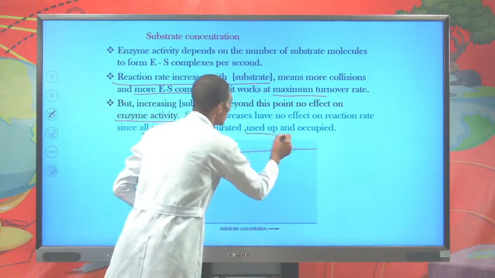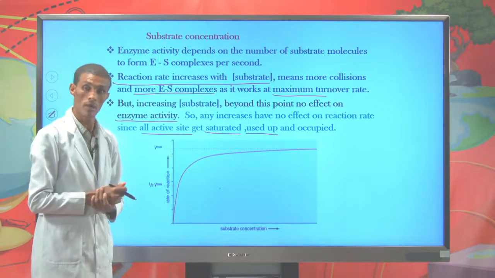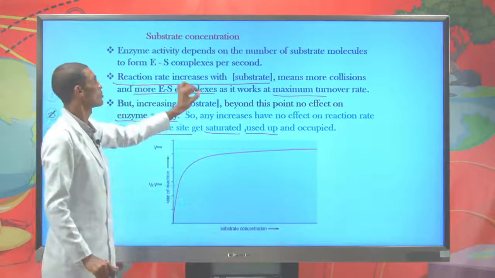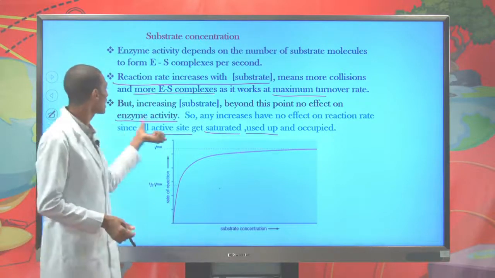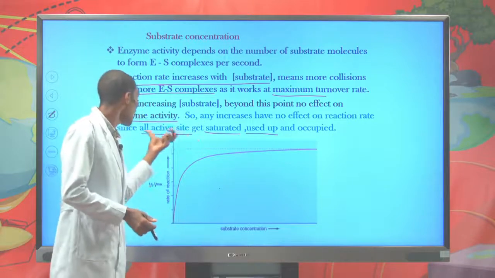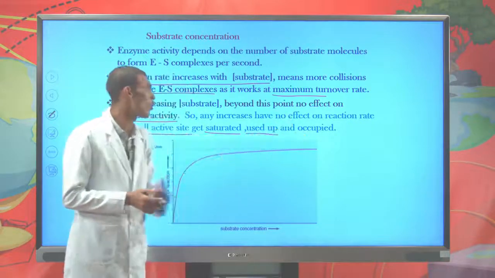The saturation point has arrived. So the rate of the reaction increases with substrate concentration until the whole space of the active site is fully saturated, fully occupied.